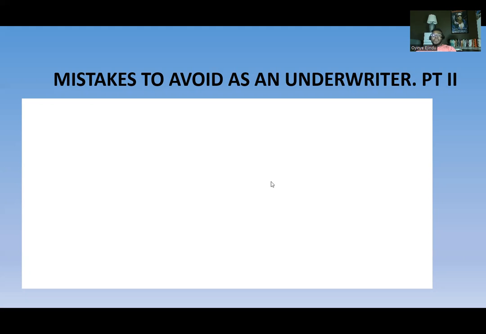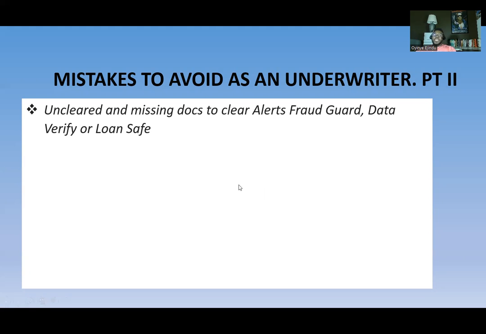Let's talk a little bit about the things that underwriters look at and mistakes that they have to make sure they avoid. Mistake number 1: when you are reviewing your loan documents, there is a document called Fraud Guard. Now, folks, for those of you who are not underwriters, this is not something you need to worry about. But there is a software called Fraud Guard, Data Verify, or Loan Safe. It pulls up any alerts regarding what the borrower might not be disclosing.